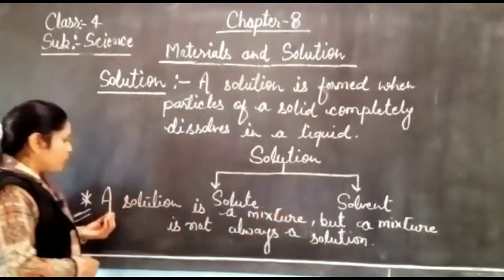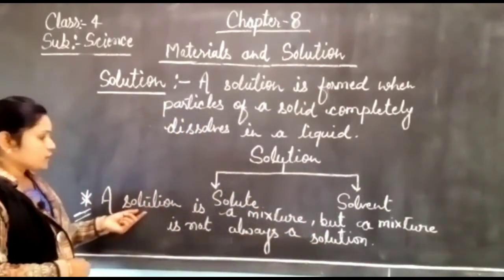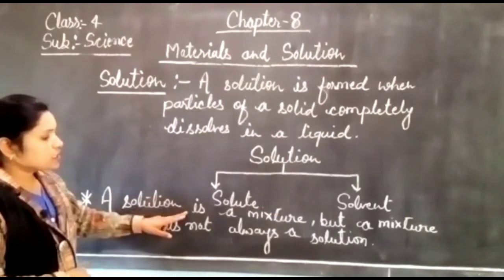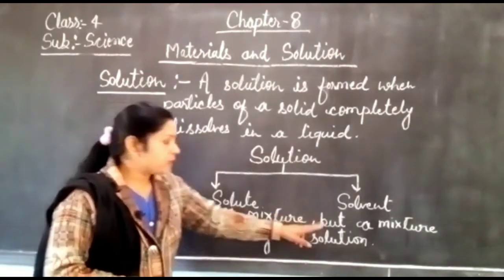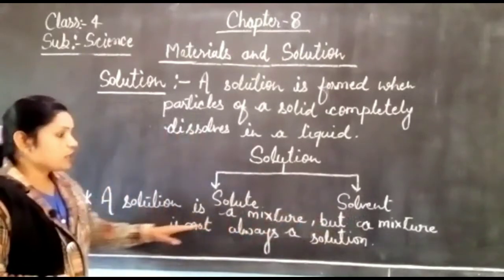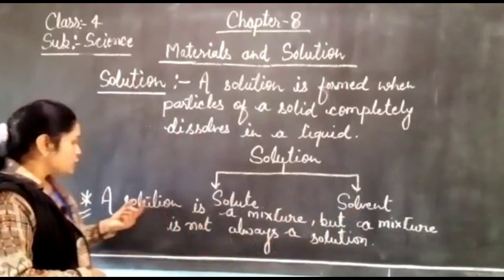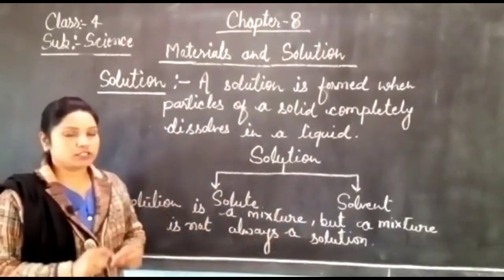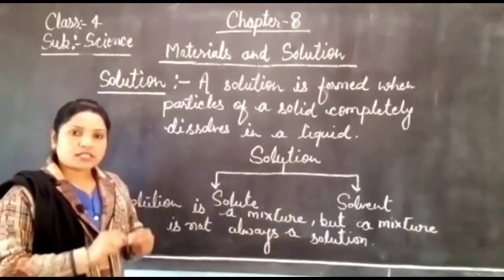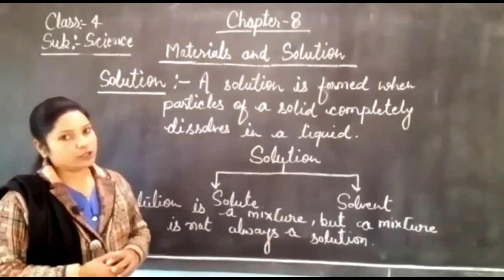Now one important point is that a solution is a mixture, but a mixture is not always a solution. What does it mean? A solution is a homogeneous mixture where substances are distributed uniformly.